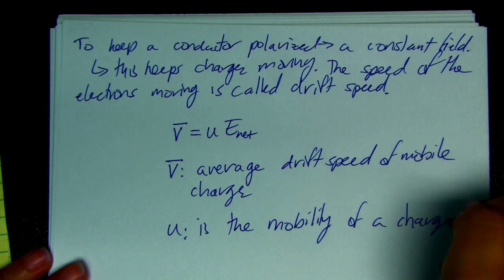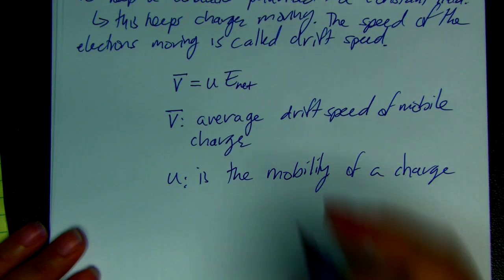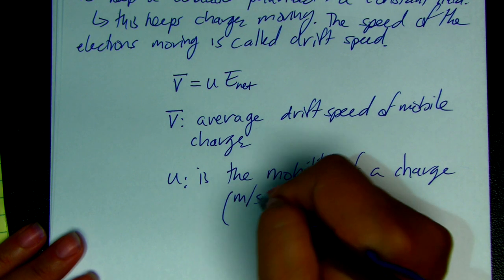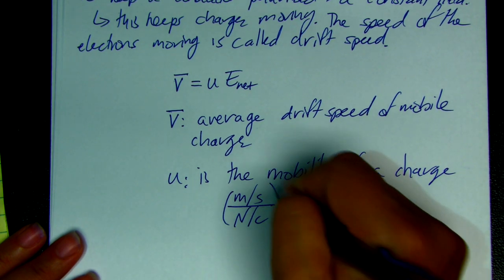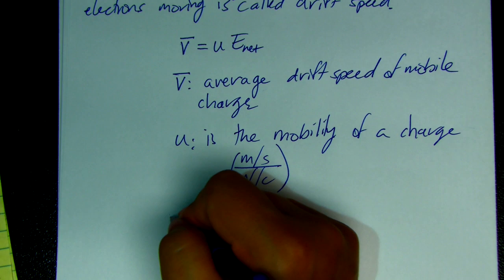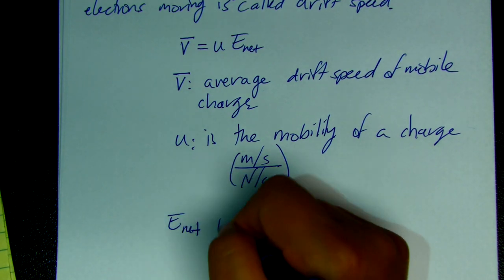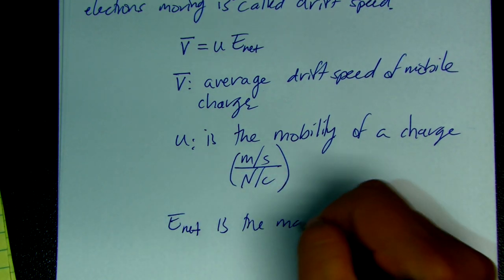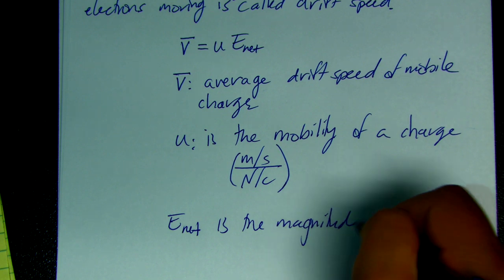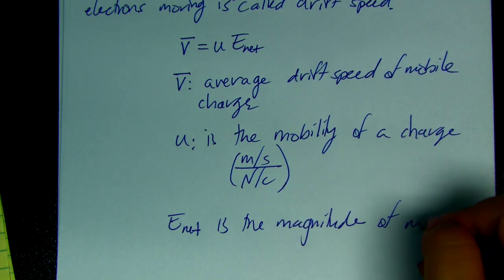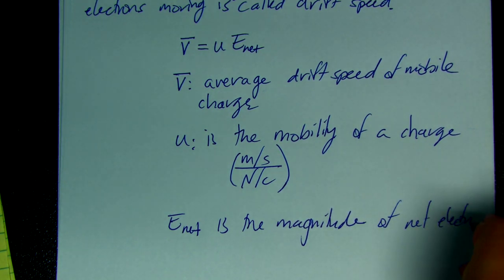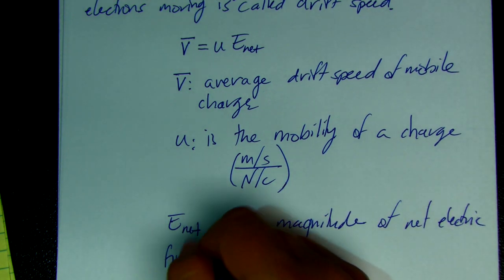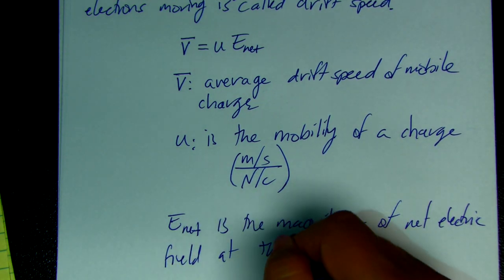This is again material dependent, so it's measured in meters per second over newtons per coulomb. And E net is the magnitude of the net electric field at the location of the mobile charges.